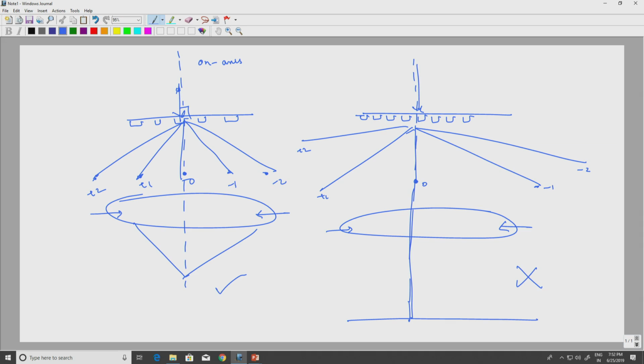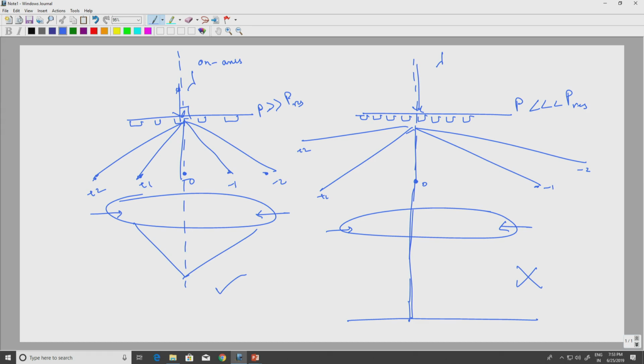What can you do with such a system? Lambda is fixed in both systems, but here your pitch is much larger than the resolution limit, and here your pitch is smaller than the resolution limit. You might say, okay, I cannot print this particular pitch anymore. This is my limitation of the system.